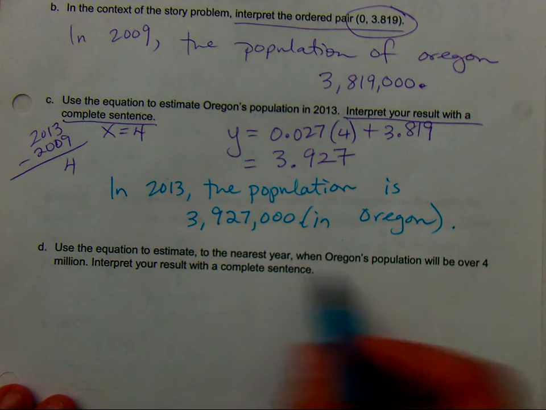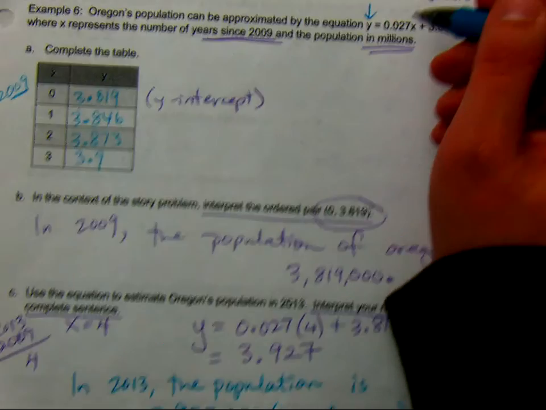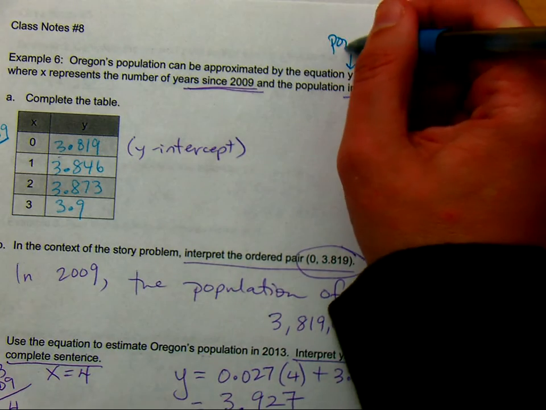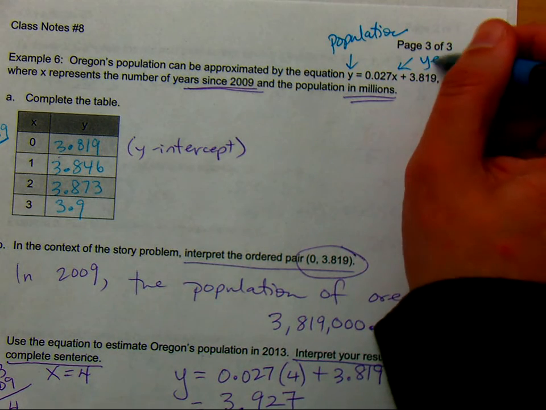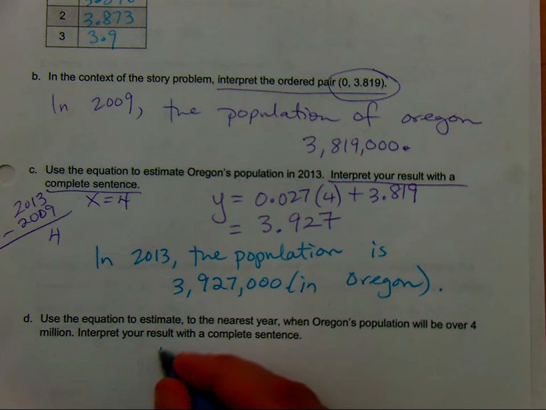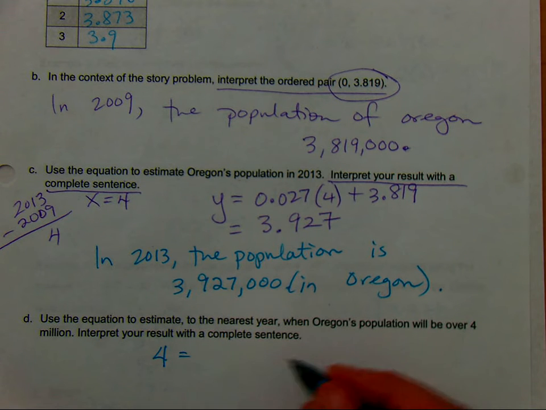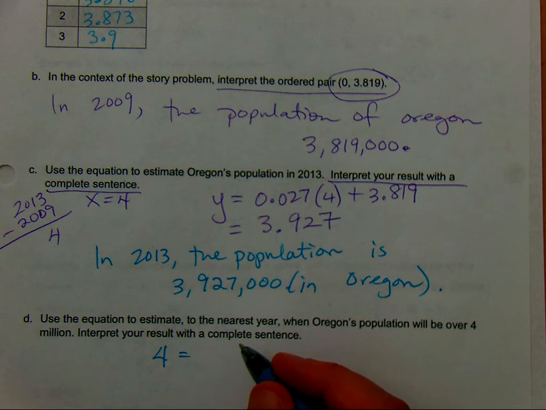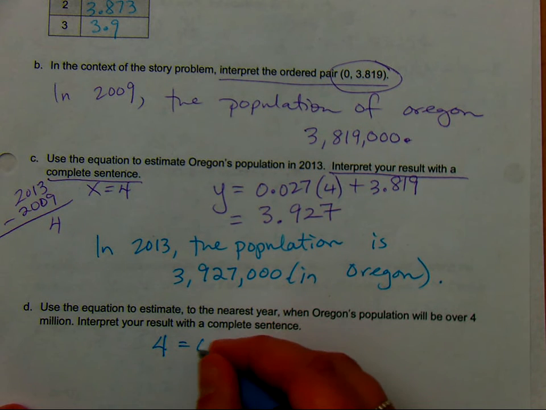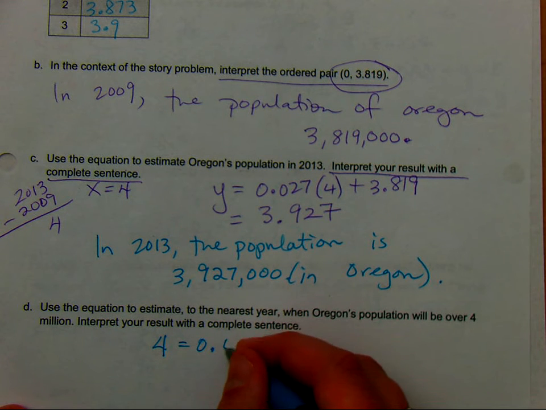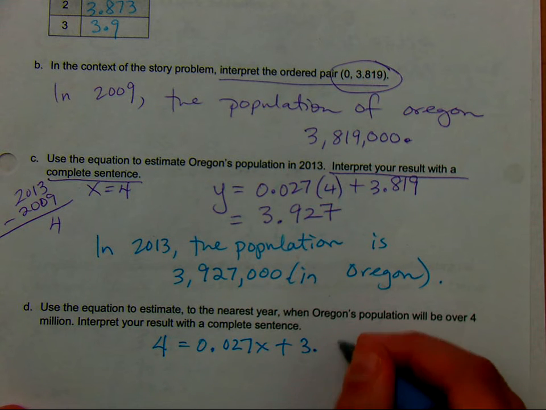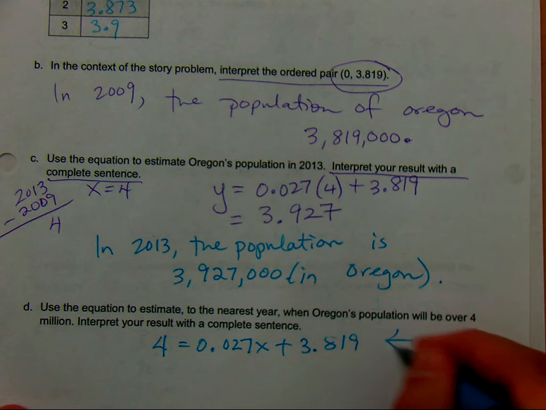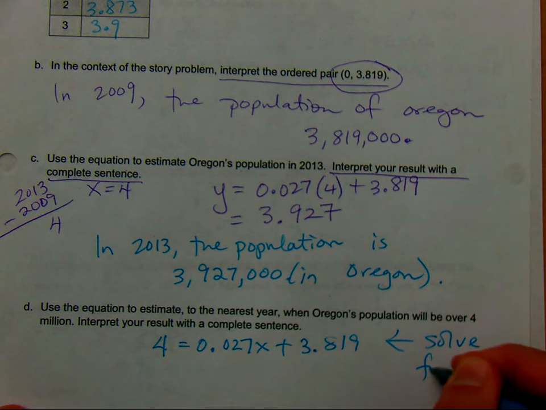But if I did want to solve it algebraically, I could say, since y is the population and x is the year, if I set up 4 is equal to, or you could even use an inequality, 0.027x plus 3.819, you could solve for x.